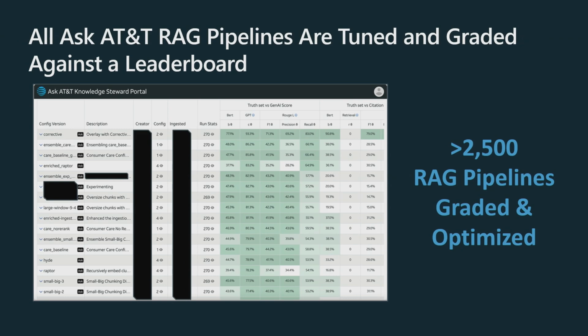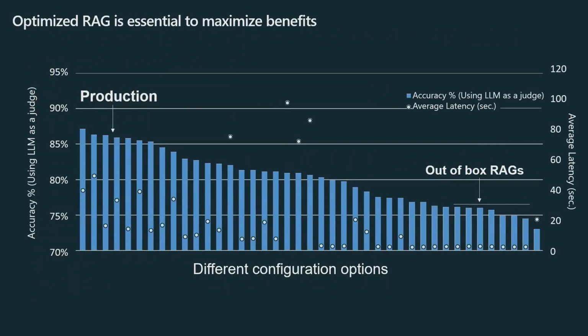We've graded 2,500 RAG pipelines, because we do a lot of this, and I want to show you what the difference is. This is the same table that you just saw, and each one of these bars is the accuracy result, using LLM as a judge.